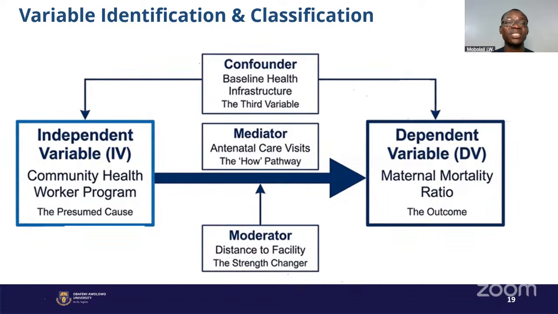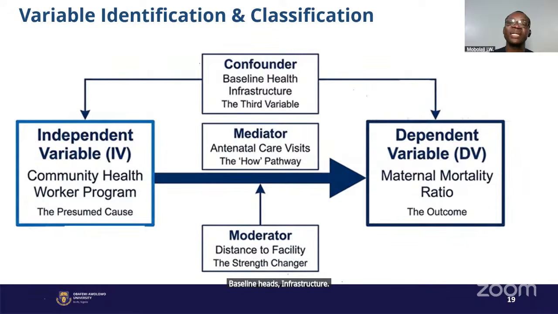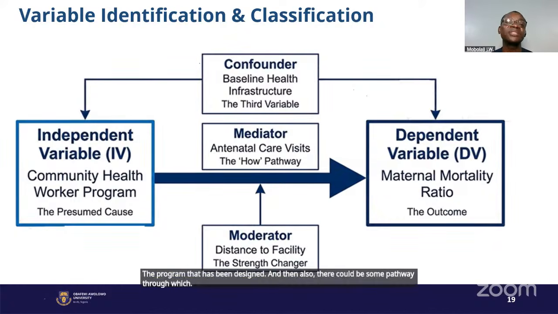You're looking at the effect of a community health worker program on maternal mortality ratio. So you cannot examine the effect in isolation. You need to look at some confounders like baseline health infrastructure. So it's a confounder that could affect the program that is being designed. And then also there could be some pathway through which this program will work, and these are the mediators.